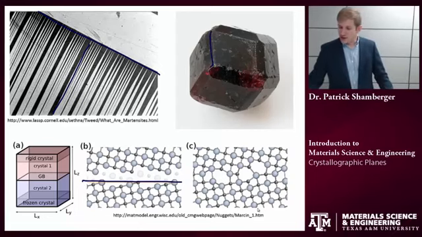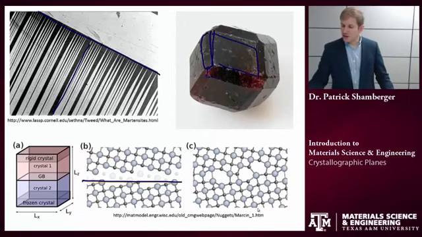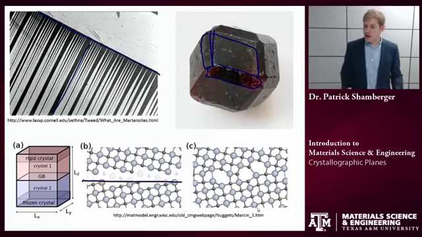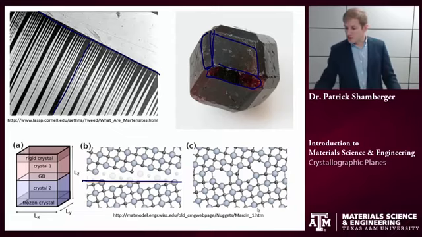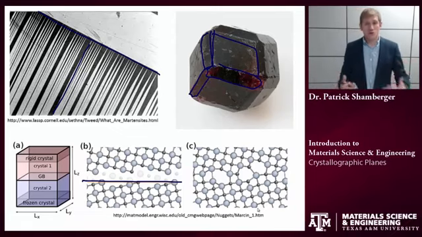Finally, if I want to describe crystal habits, so these are free planes in a single crystal as the crystal is growing, I also need to describe these surfaces in terms of crystallographic planes. And we do this using the Miller notation.